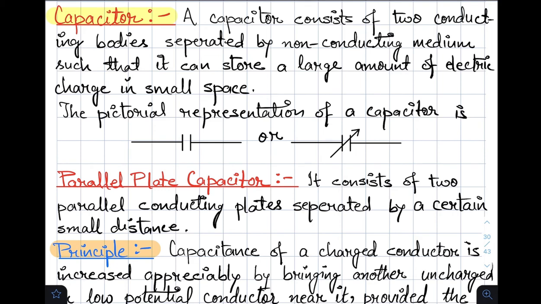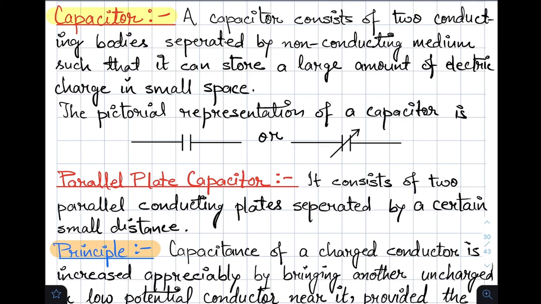So basically we have an arrangement of two parallel plates, and between them a dielectric is placed or nothing is there, that means an insulator is there, and because of this system a charge can be stored. We will discuss it in detail, but for now let us understand only the definition.